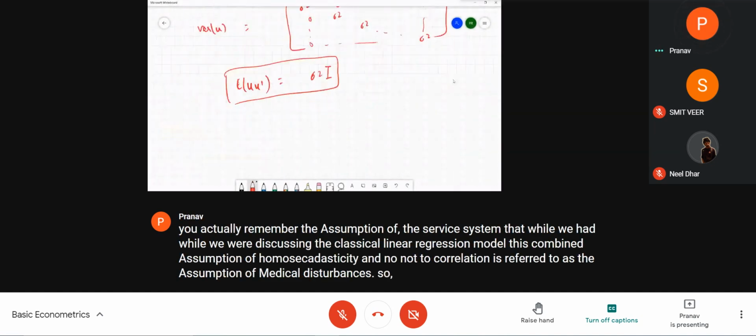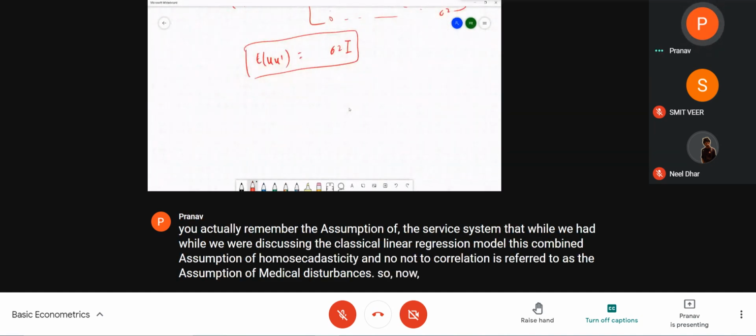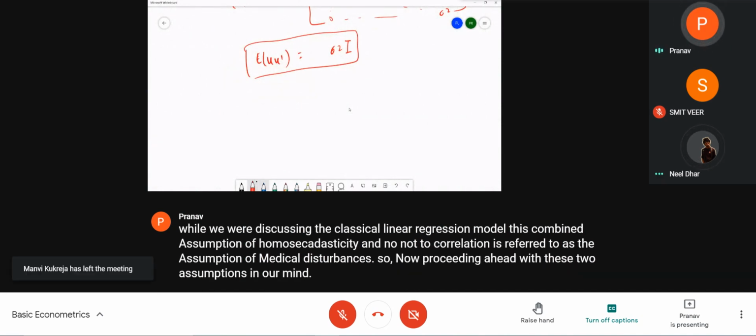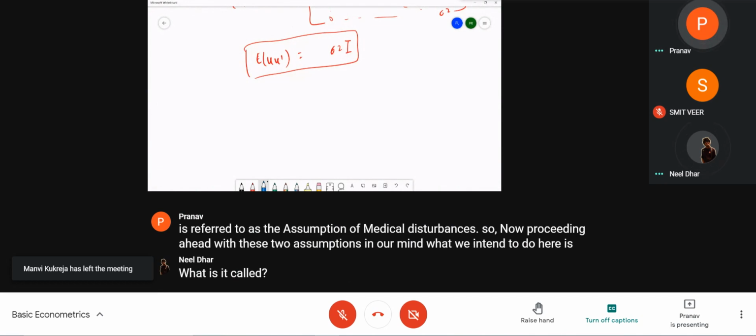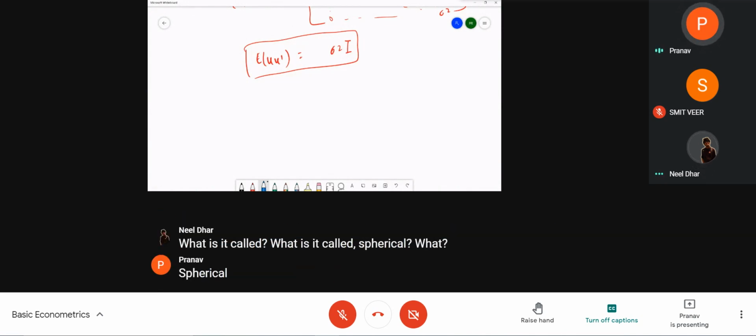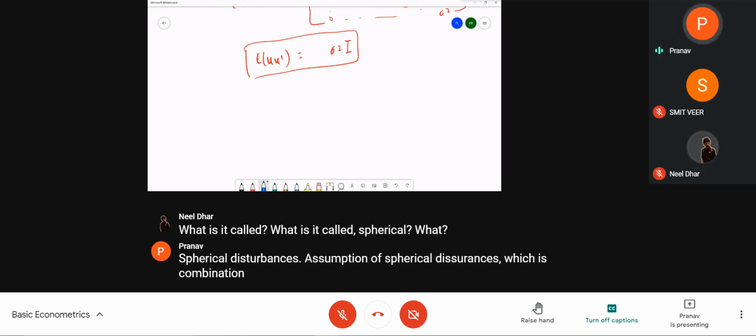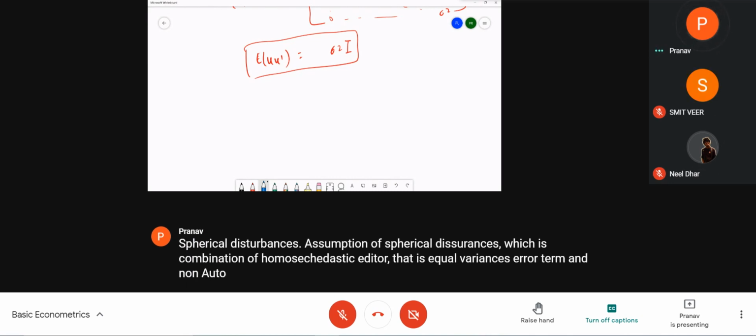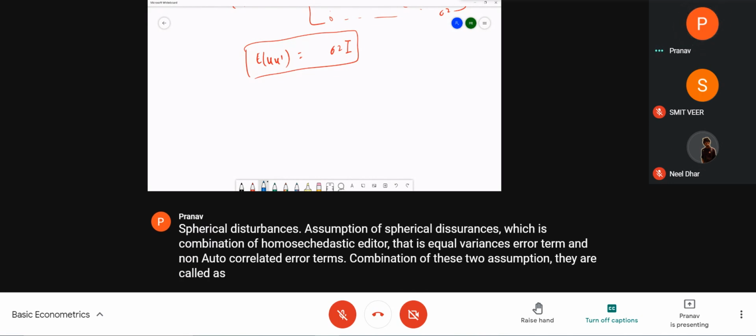The combination of a homoscedastic error term, that is equal variances, and non-autocorrelated error terms, these two assumptions are called spherical disturbances.